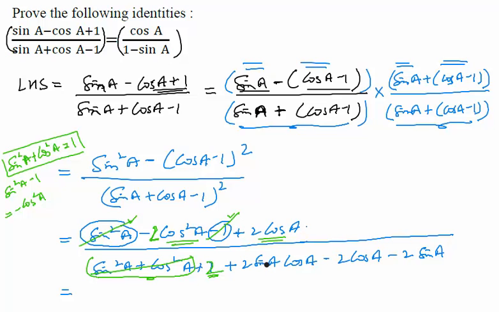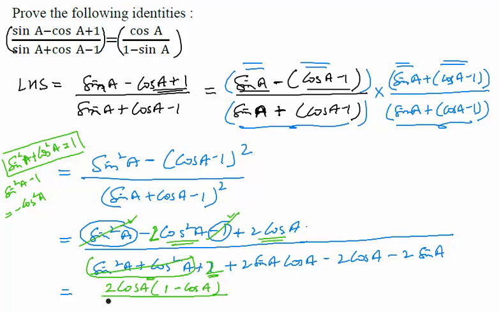So the first thing you will observe is that 2 will get cancelled from numerator and denominator because every term contains 2. Now let us look at the numerator again. I can take 2 cos A common. If I take 2 cos A common, I will be left with 1 minus cos A inside.